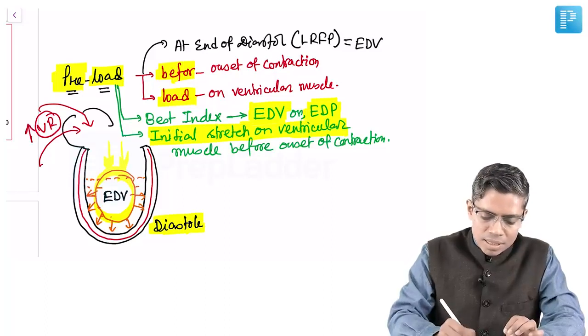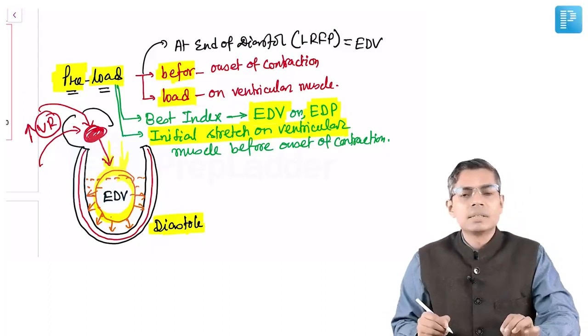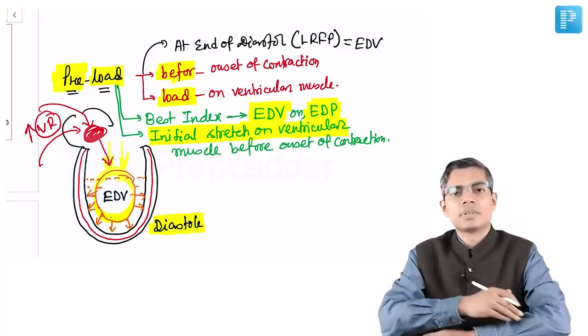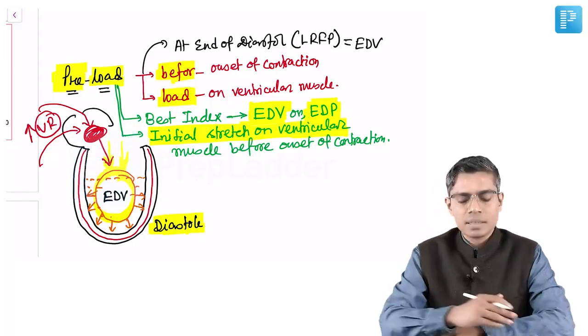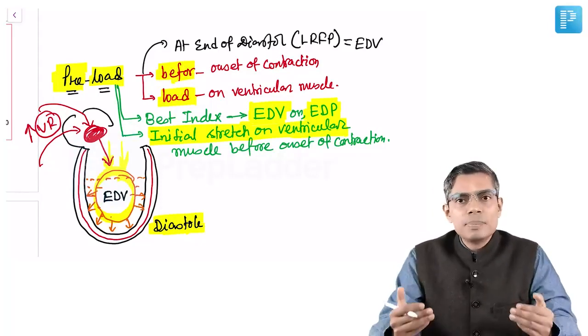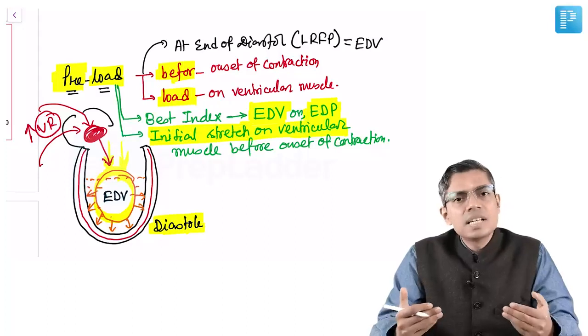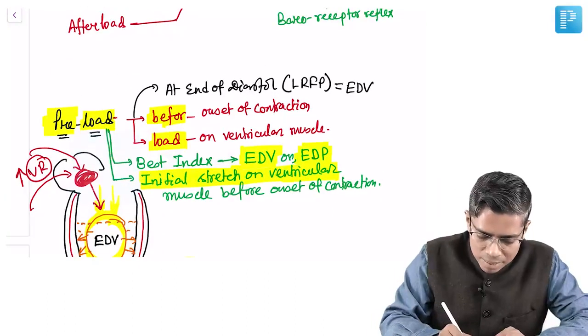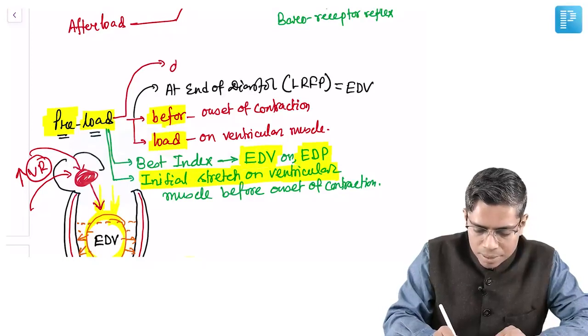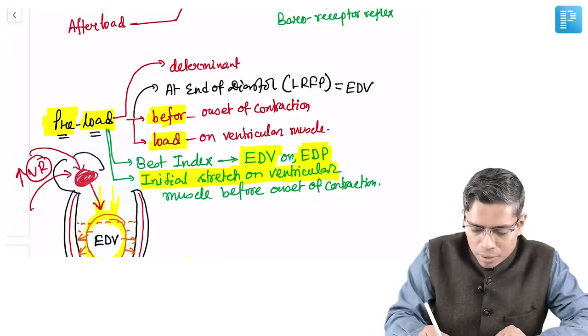So the more the venous return, the more will be the blood in the right atrium and the right ventricle, and similarly for the left atrium and left ventricle also. So basically I can understand that end diastolic volume depends on venous return. That's why it is said that the best determinant of preload is venous return.